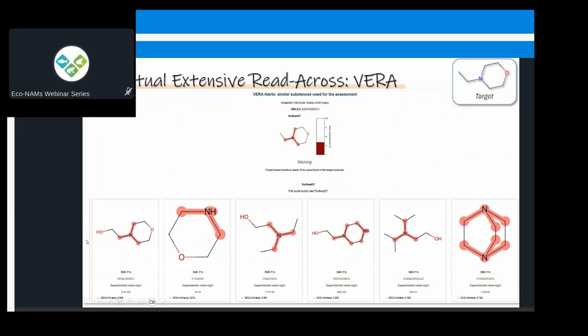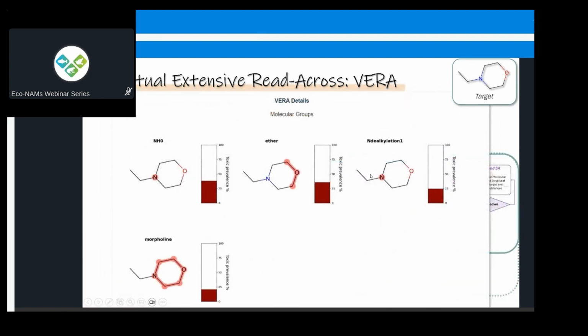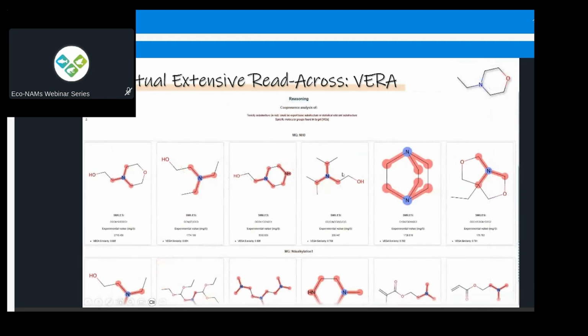In the output, you can see the 6 most similar chemicals that share the same structural alert and the prevalence of the toxic chemicals with the same structural alert. And a similar approach is used also to analyze the molecular groups. Then VERA combines this information, analyzing the co-presence of structural alerts and molecular groups in the possible similar chemicals, to select the best similar chemicals and produce a prediction.